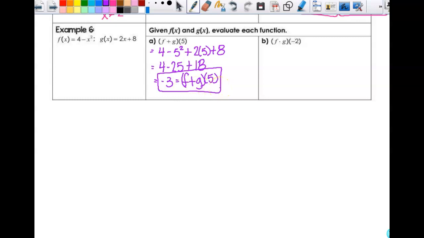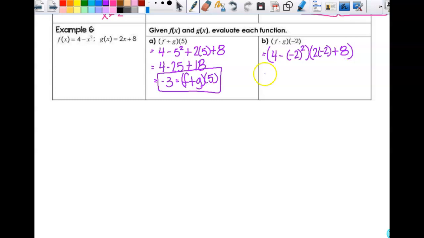Okay? So now I'm substituting in this negative 2. So f, which is 4 minus a negative 2 squared, I'm substituting in, times g, which is 2 times a negative 2 plus 8. I substituted it in, 0 work happened. Okay?